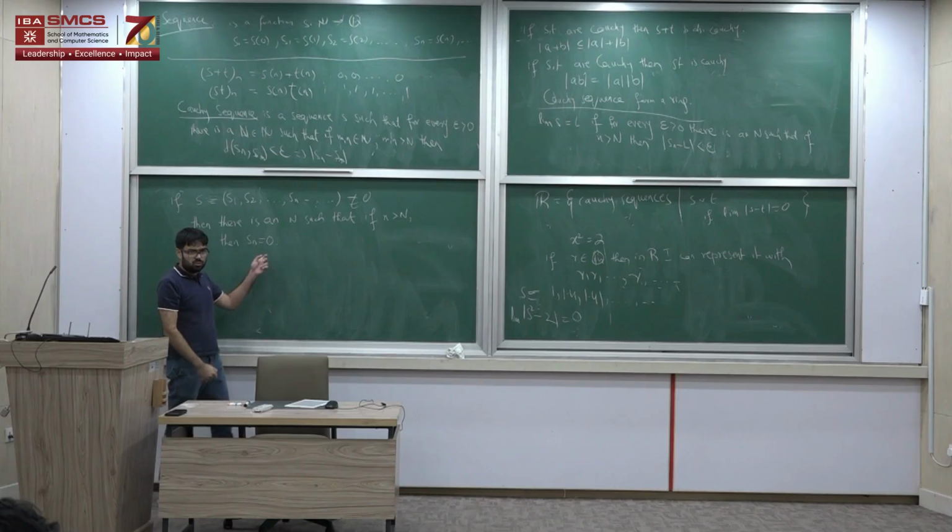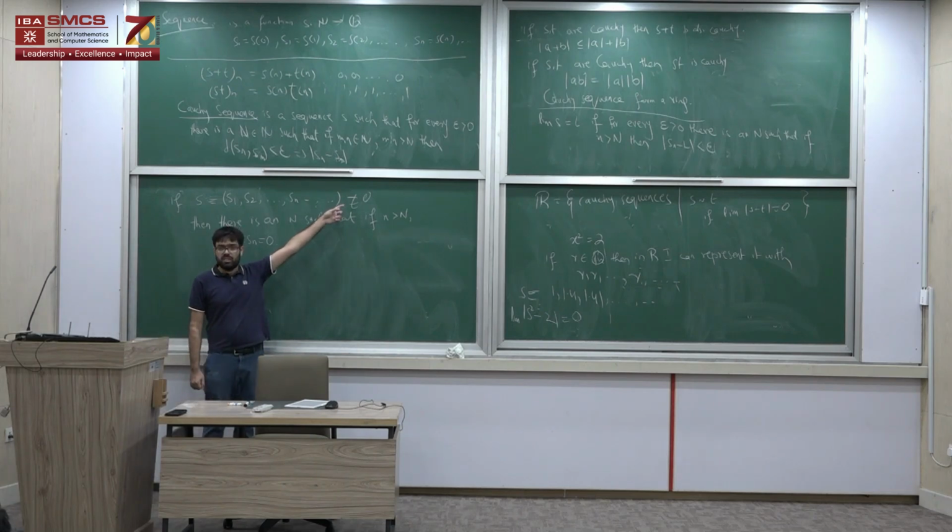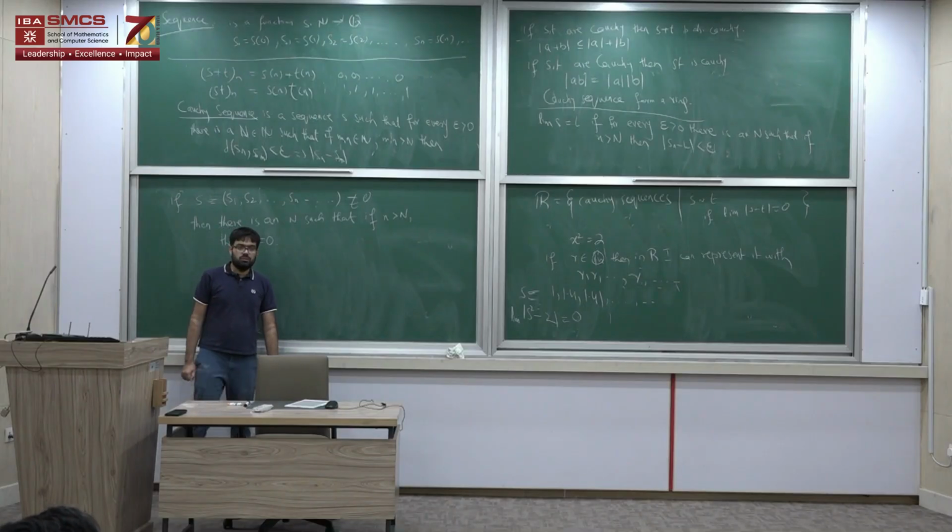This is not true for general sequences. I can have zeros which are far apart, but for Cauchy sequences the elements cannot go too far from each other. So, if my sequence is not 0, then at some point the elements will stop being 0.